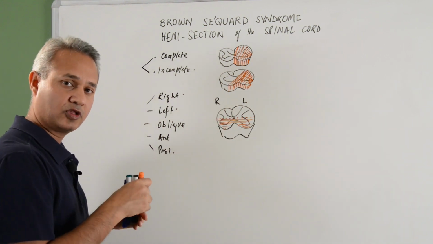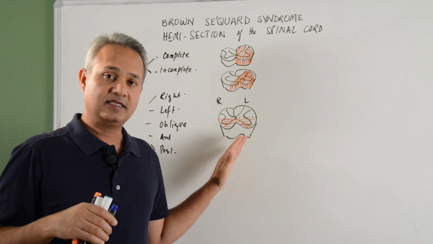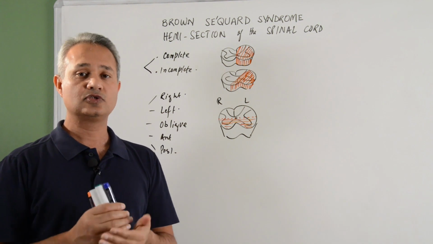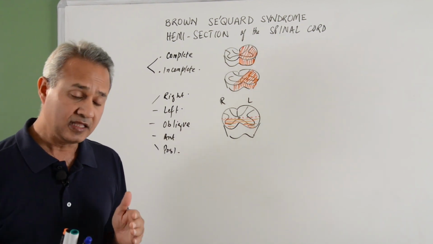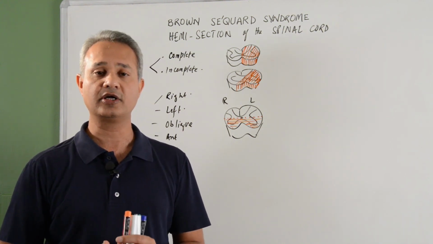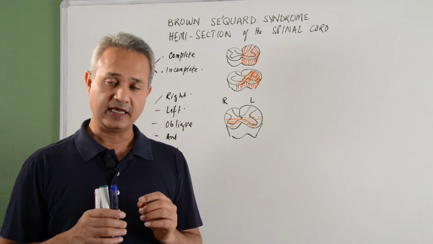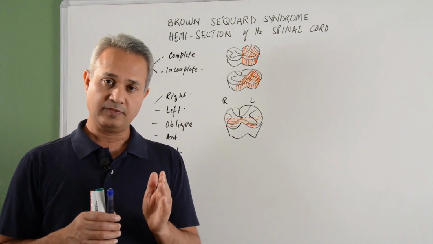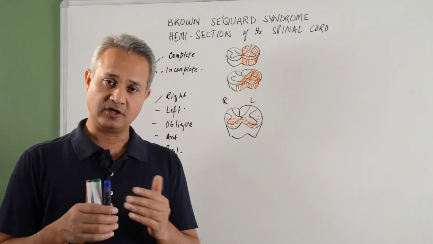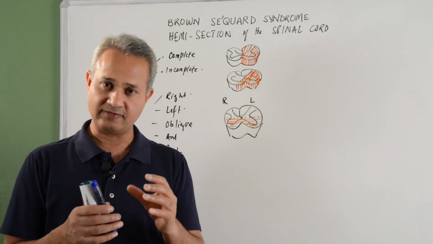Now this also tells you one more thing, and that is, it is not necessary that hemisection is always right or left. It is also not necessary that it is always complete. So in the clinical floors, in the emergency rooms, when the patient comes in with wounds, with injuries to the spinal cord, you will usually see that the injury is incomplete, not anterior posterior, not right left, but oblique and somewhat partial.